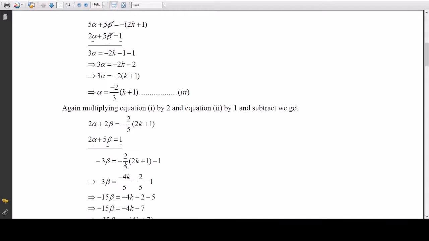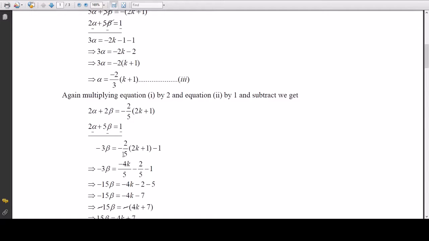Now multiply minus 2 by 5 to the terms within the bracket: minus 2 multiplied by 2 is minus 4k by 5, then minus 2 multiplied by 1 is minus 2 by 5, minus 1.